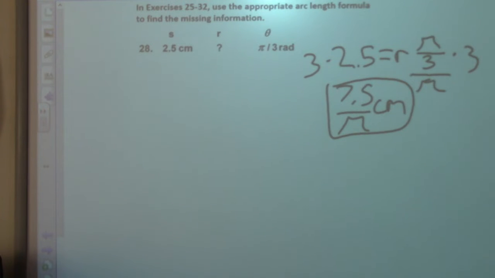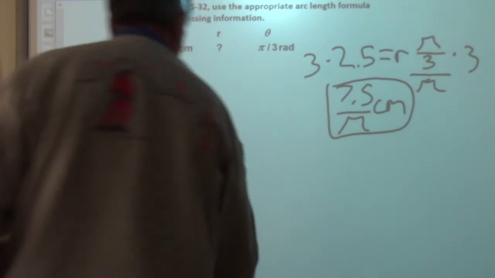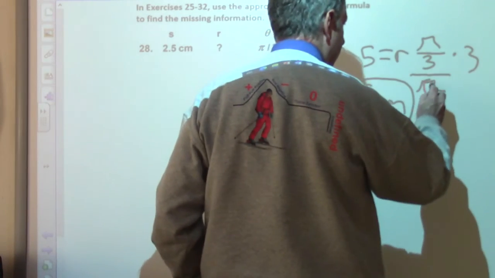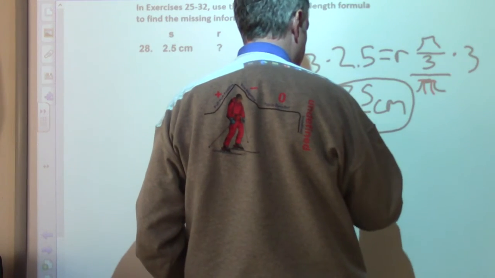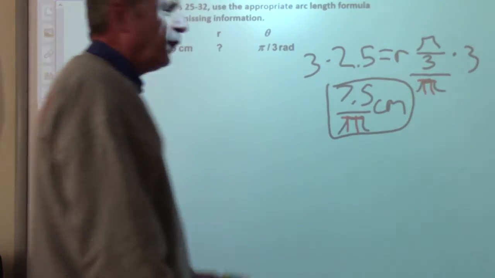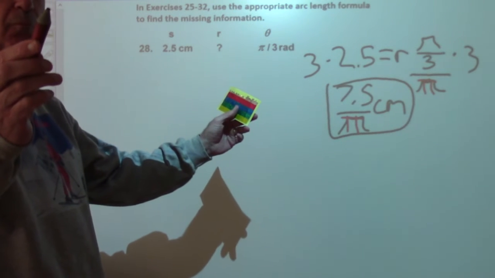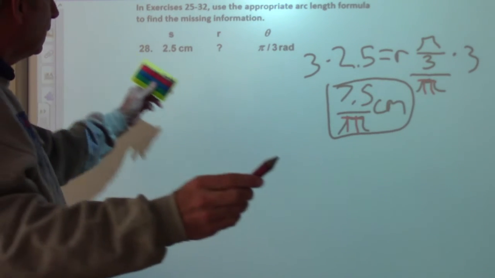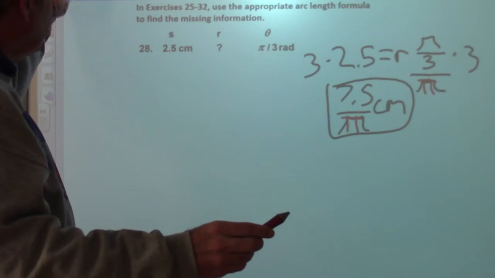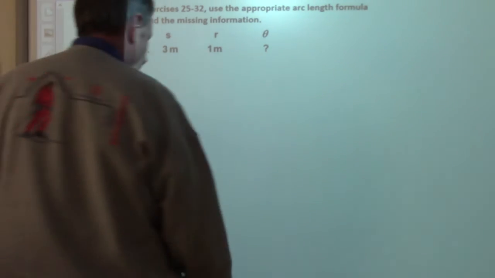Yeah, that's supposed to be pi. So 7.5 over pi, that's centimeters. Okay, so that's pi there, all right? That did not come out as fast as I wanted: 7.5 pi centimeters. Questions on that? No questions on that? Thank you, Steve-O, appreciate that.